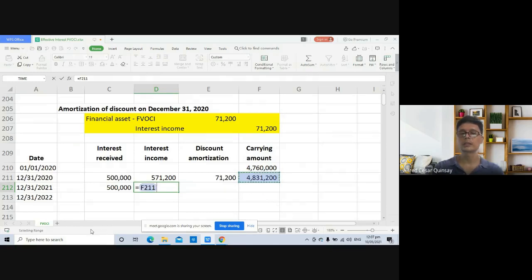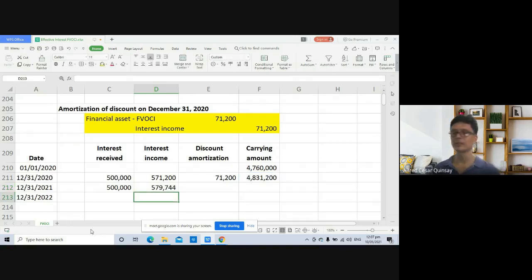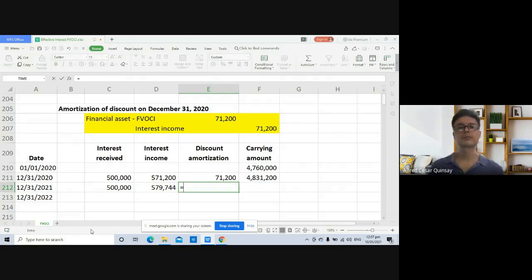This one is times 0.12, so the interest income is 579,744. This would be deducted from the interest received. So now, let's add it.